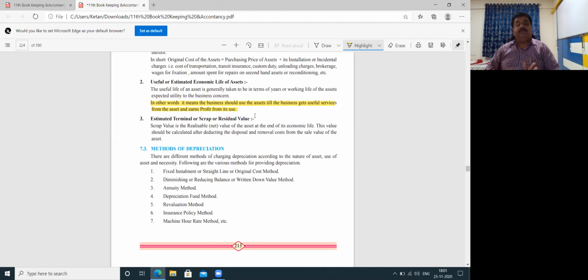When the asset is actually creating the major repair problem, or breakdown problems, then that asset is of no use. उसका life खत्म हो गया है. It is becoming a scrap now. It's a time to sell it out and bring new one. This is called as a useful life.